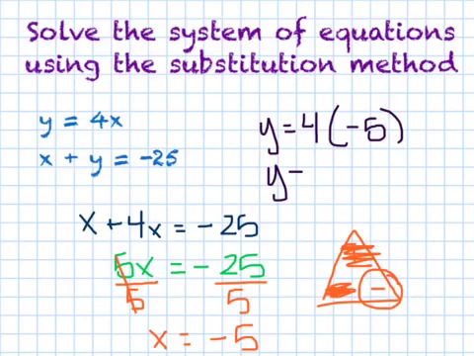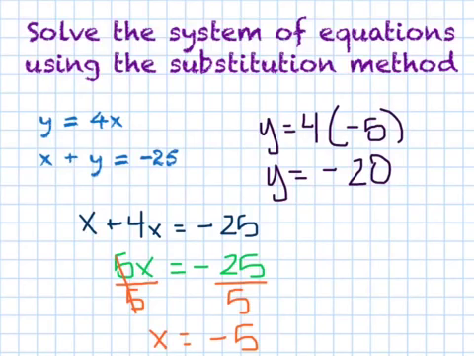We do a positive times a negative, which leaves us with a negative. y equals negative 20. If we write that as an ordered pair, we could say negative 5, comma, negative 20. And that is our solution set.